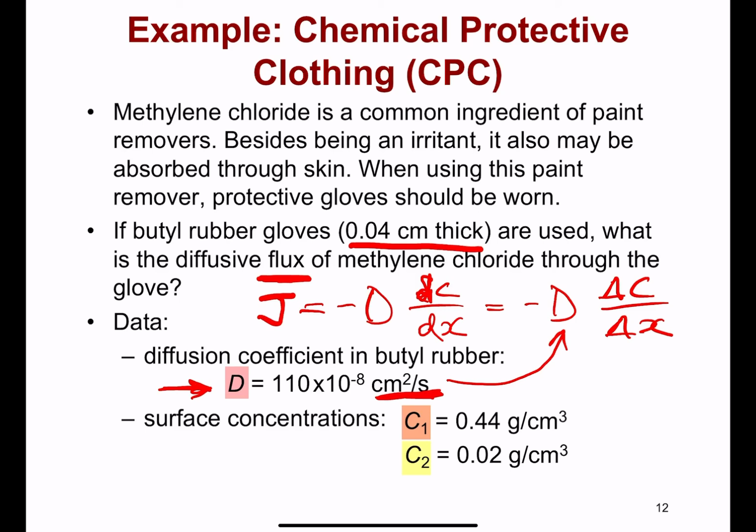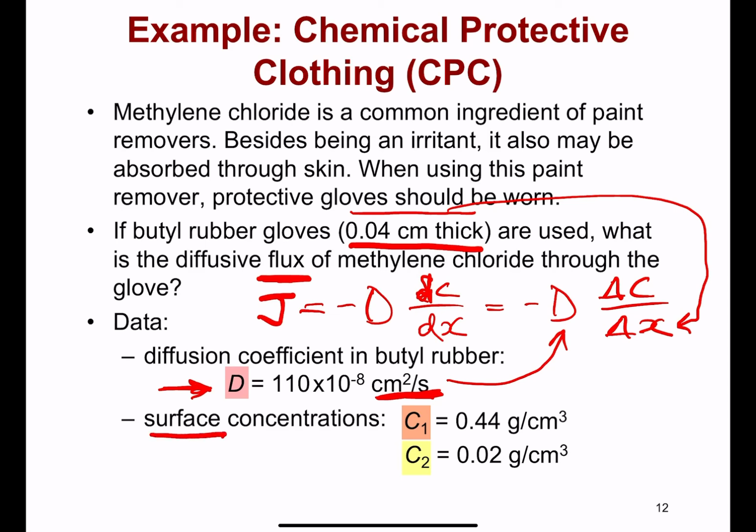We're 1 out of 3 pieces needed to calculate J at this point. We would need to know the thickness of the membrane. In this case, the membrane is the glove itself. So this thickness here is our delta X. And then we would need to know the concentration across this piece of butyl rubber. That's where the question finishes off the detail for us.